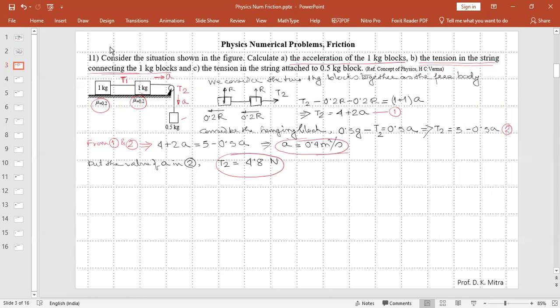The second question asked is the tension in the string connecting the 1 kg blocks, that is T1, that we have not yet found out. Third is the tension in the string attached to the 0.5 kg block, that is T2, that we have found. So answers A and C we got. Now we have to find out answer B. For answer B, what do we do?